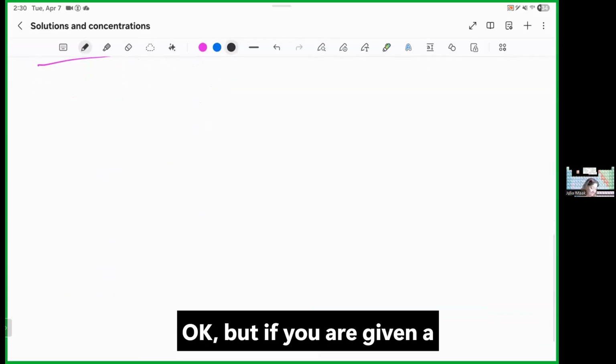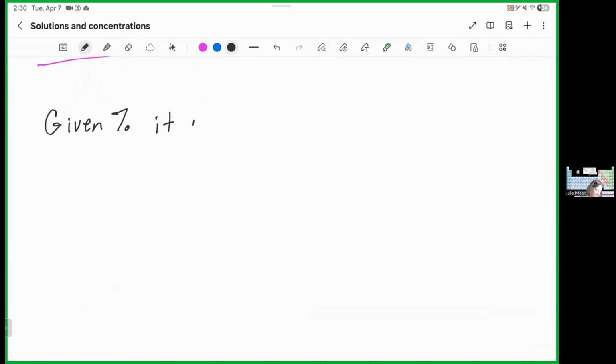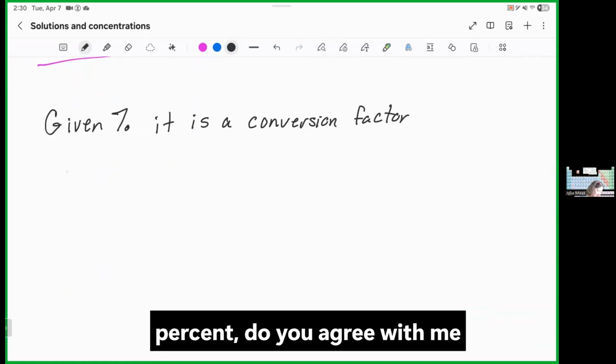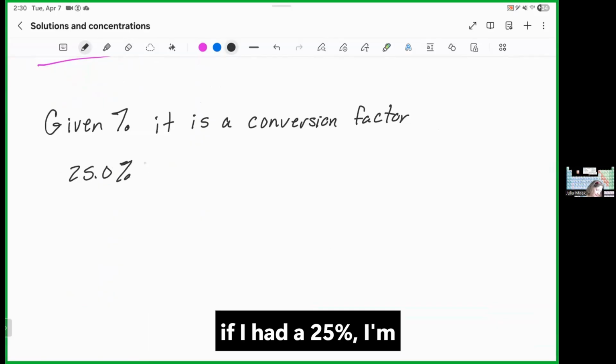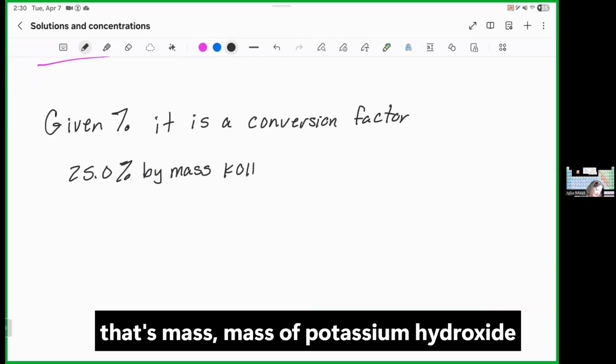Okay, but if you are given a percent, it is a conversion factor. So if we are given the percent, do you agree with me? If I had a 25%, I'm going to say by mass, so that's mass of potassium hydroxide solution.